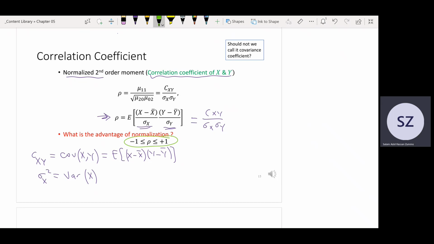Clear? So let's write this down. Rho around 1 means that x and y are highly correlated. Rho close to -1 means that x and negative y are highly correlated.